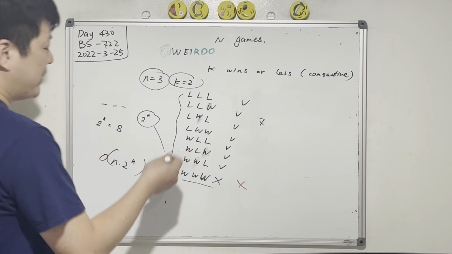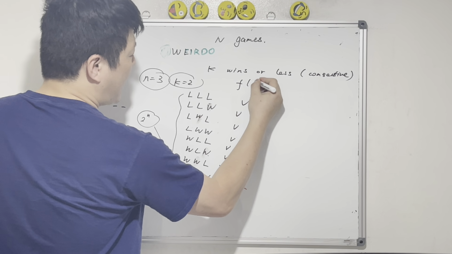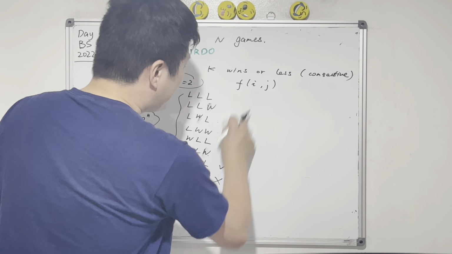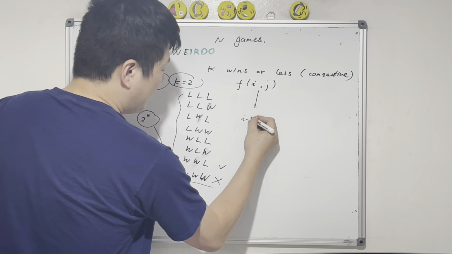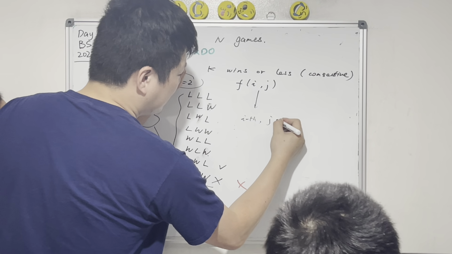Okay, so how about if we define a function f(i, j). What does it mean? Listen carefully. It means that we have played i games, and now we have j consecutive wins.